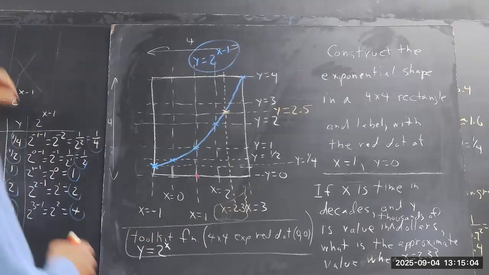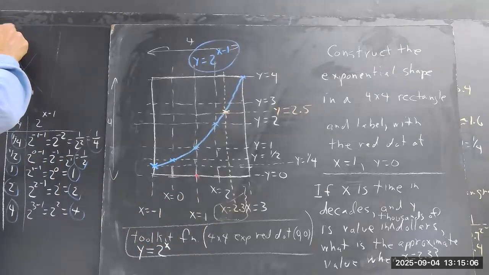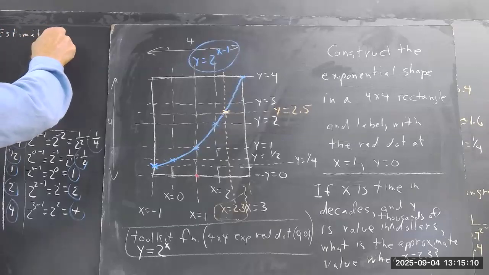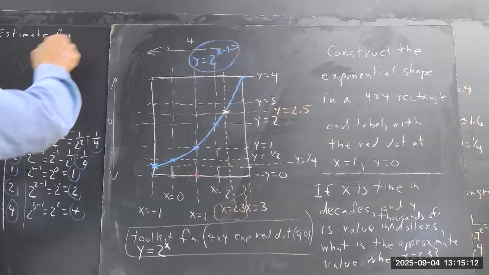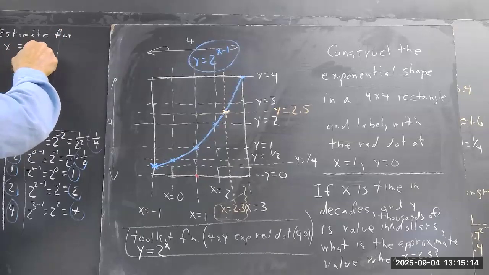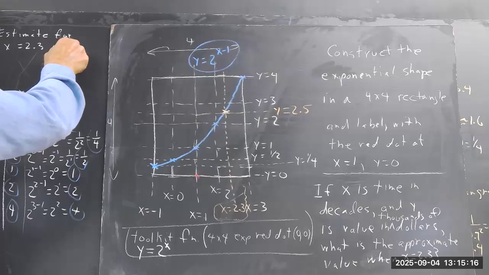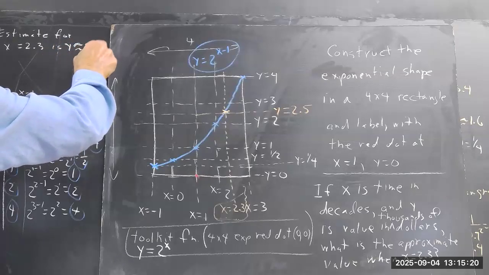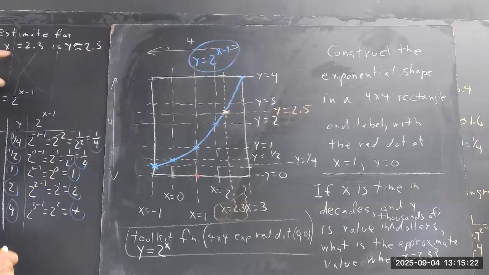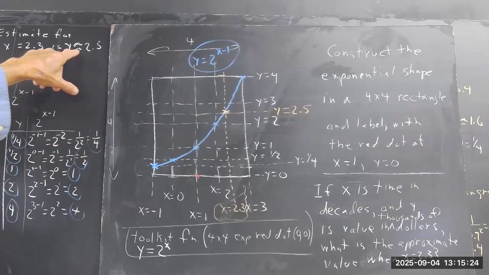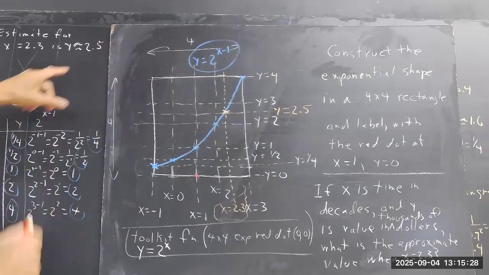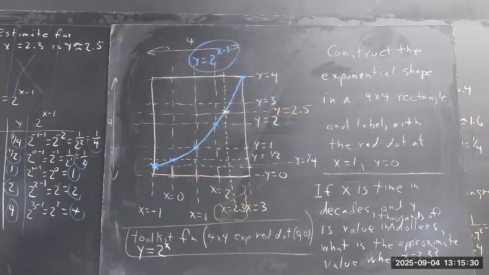So I'm going to say over here, for the estimate, for x equals 2.3, y is approximately equal to 2.5. This little wave in the equal sign means it's approximate.